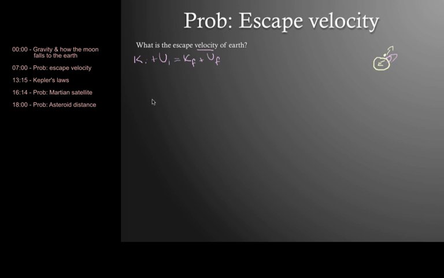So now we need to know what this U of the gravity is, because gravity near the Earth's surface, we know, well, we've been told this gravitational potential energy is equal to this mgh. But this is an approximation for things that are near the Earth's surface. That's what this g tells us. But this is just an approximation. As you get farther away from the Earth's surface, this will not hold up.